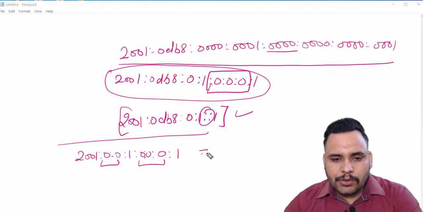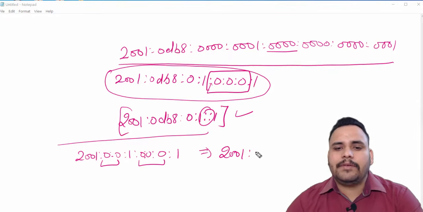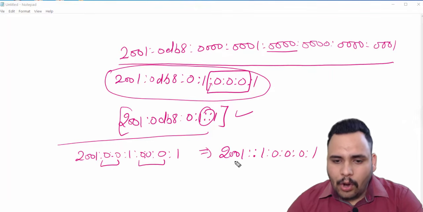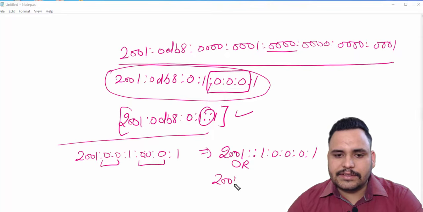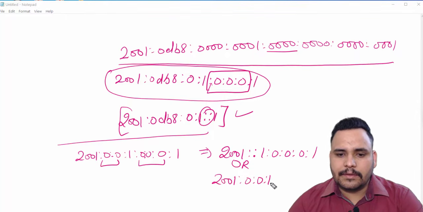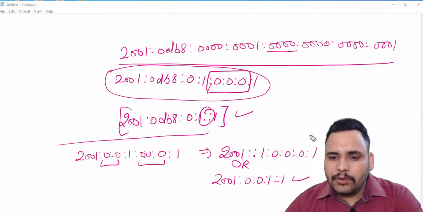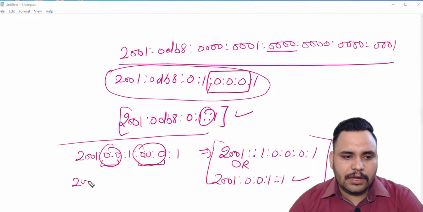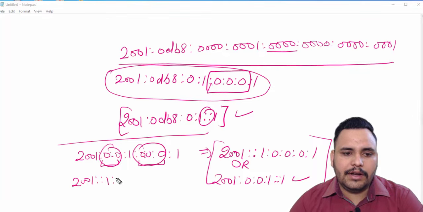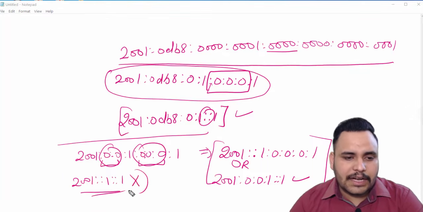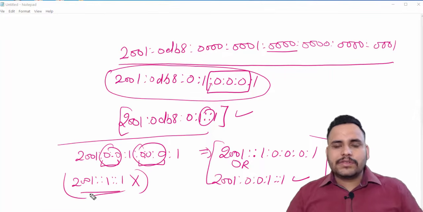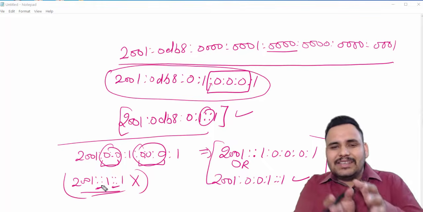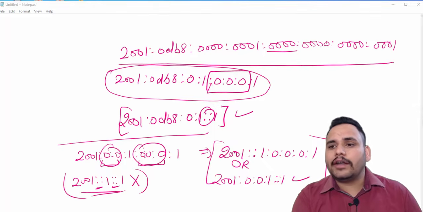You can write the address with the double colon in one place or in the other, but you are not allowed to use two double colons, like 2001::1::1. That is wrong, because the router will be confused about which part has how many zeros. So these are the rules for shortening addresses.